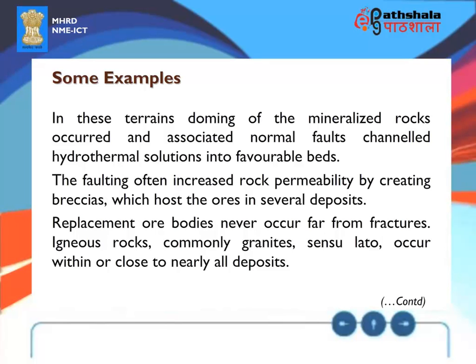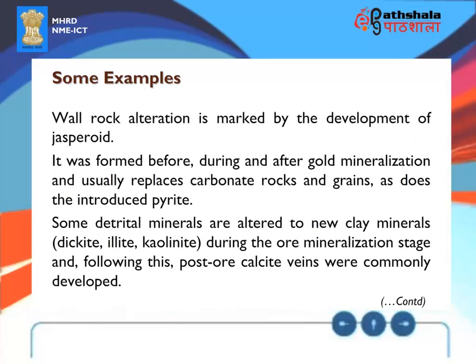Igneous rocks, commonly granites, sensu lato, occur within or close to nearly all deposits. Wall rock alteration is marked by the development of jasperoid. It was formed before, during, and after gold mineralization and usually replaces carbonate rocks and grains, as does the introduced pyrite.